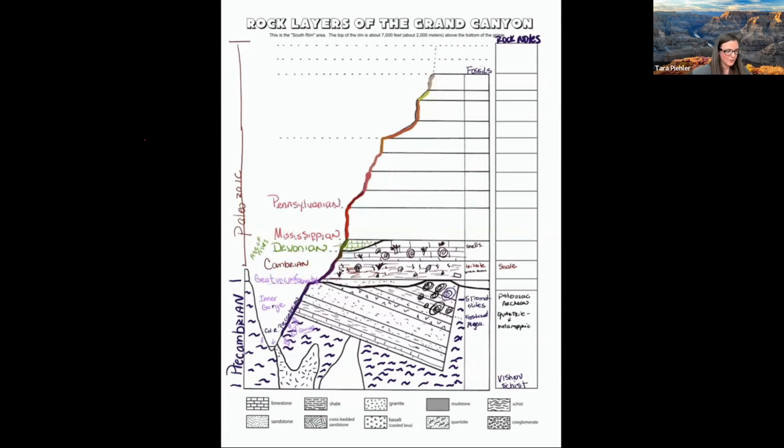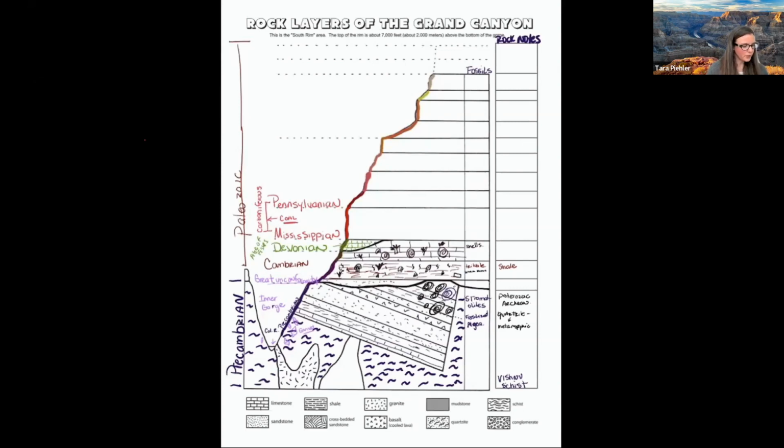We can label them the Carboniferous layers. So that means this is where we're going to find coal. That's our coal layers, the Mississippian and the Pennsylvanian.